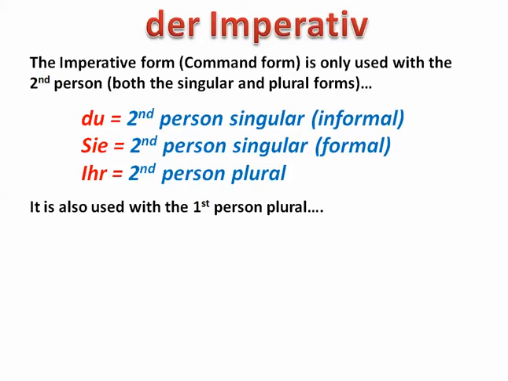Ihr is for addressing a group of people, and then sometimes in English we accomplish the first person plural by saying let's go or let's have a drink. In German they also do this, and there's a couple different ways they can do that, but we'll talk about that in just a minute.